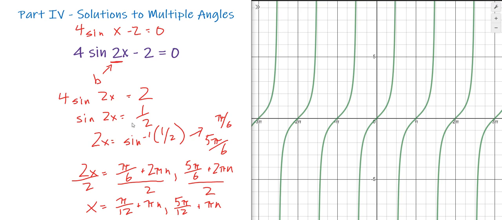So I do everything single step the same up until right here. And then the last thing is, after I find my general solution to this, I go ahead and divide it by the coefficient here to get my general solution to the overall equation.